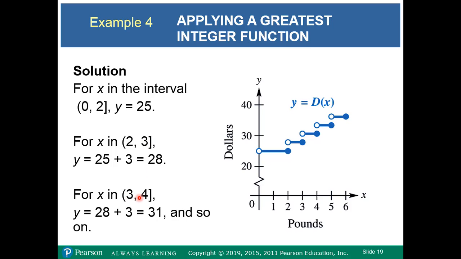Now from 3 to 4, you're going to add another $3. And so on. So from 0 to 2, it's going to stay at 25, and then from 2 to 3, it's going to jump to 28, and then it's going to jump to 31, and then it's going to jump to what? 34, and then finally it's going to jump to 37.